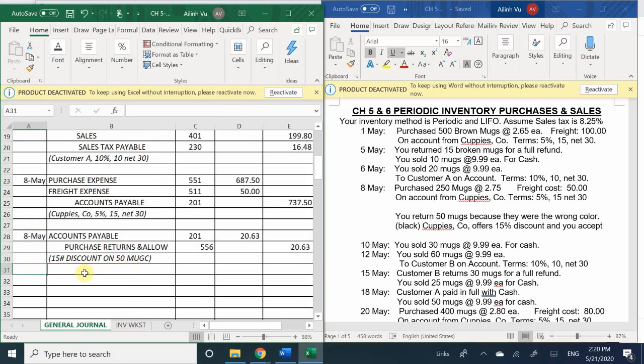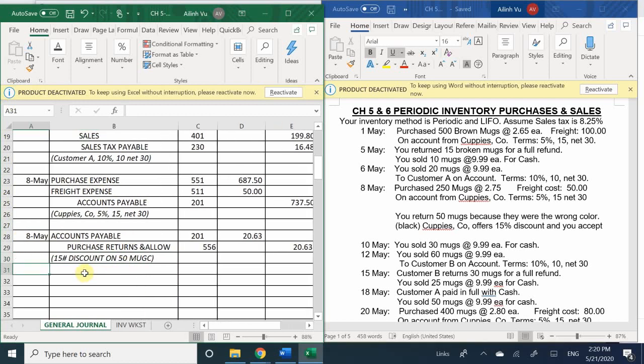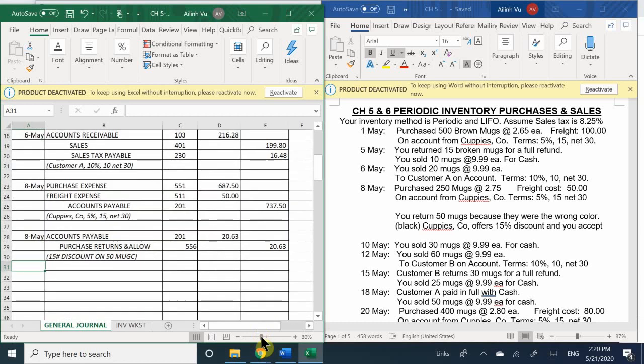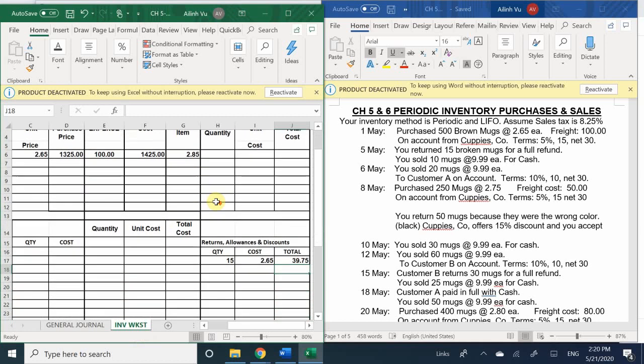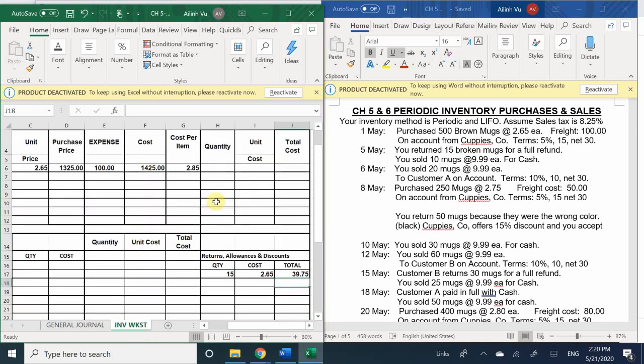Now, because we have a purchase returns and allowances, does that affect our inventory worksheet? No. Why no? Go to your inventory worksheet for me, down there on the lower right.